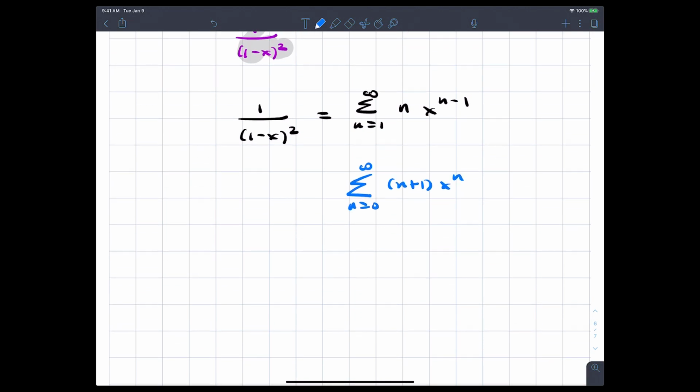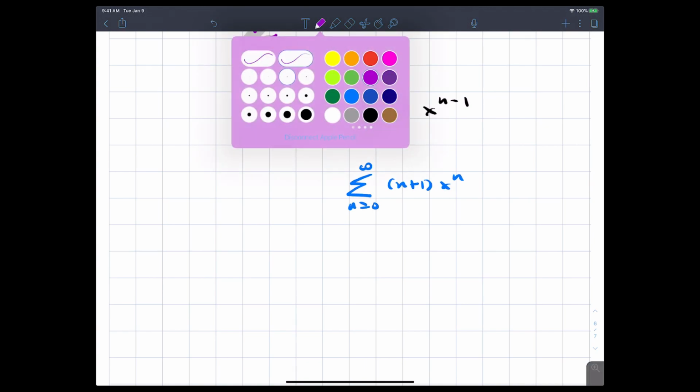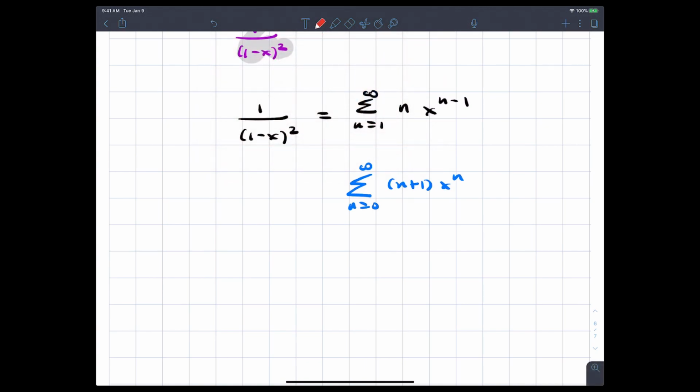And you might say, how did they go from what you just showed me to what they have in the book? Well, they did exactly what I described earlier. They're going to call this i here. So you're going to say, let i be n minus 1. This is really called a change of your indices. Change the index letter.